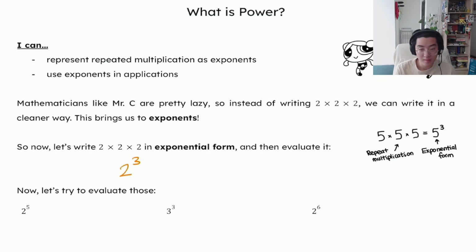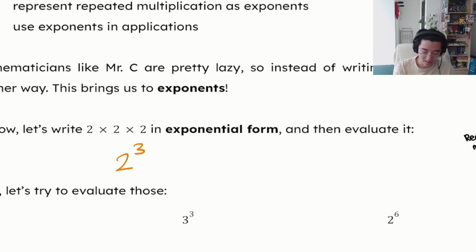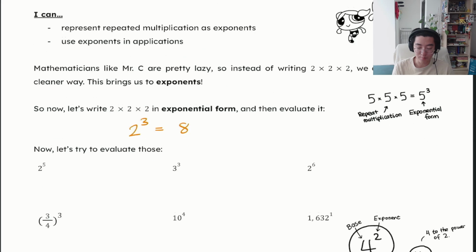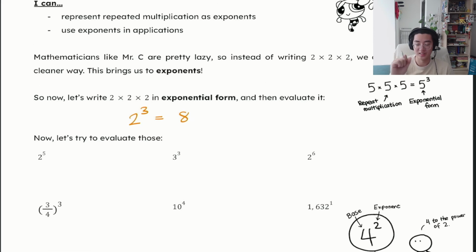We have a little number on top, like the square we did earlier. 2 to the power of 3 is the same thing as 2 multiplied by itself 3 times, which is 8, because 2 times 2 is 4, and then 4 times 2 is 8. So that's what exponents are. It is a number multiplied by itself 3 times.